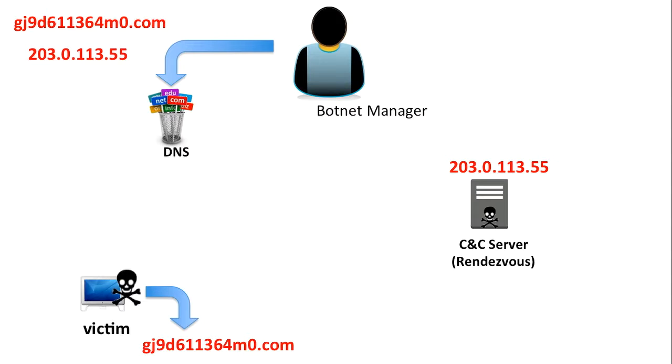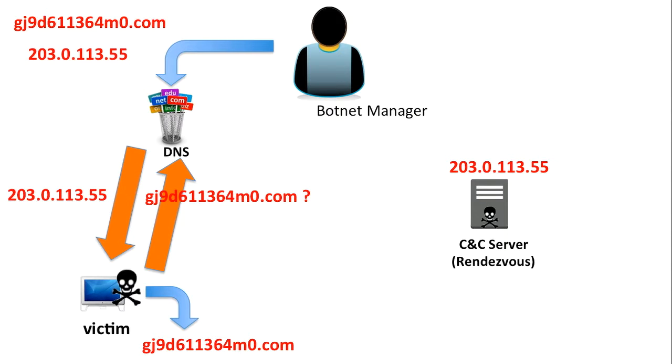Hence, the botnet master previously registers their rendezvous CNC server's IP address to the DNS as the predicted domain names. The bot program resolves their generated domain name to the IP address of the rendezvous CNC server. The bot program can access rendezvous CNC servers to find other CNC servers.